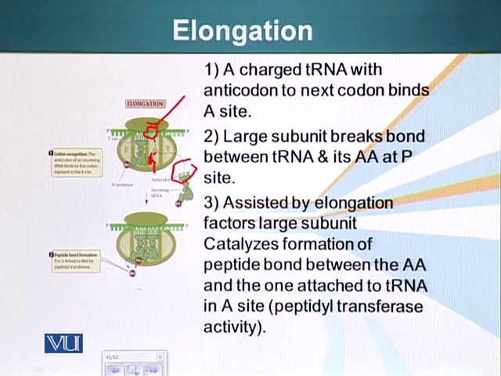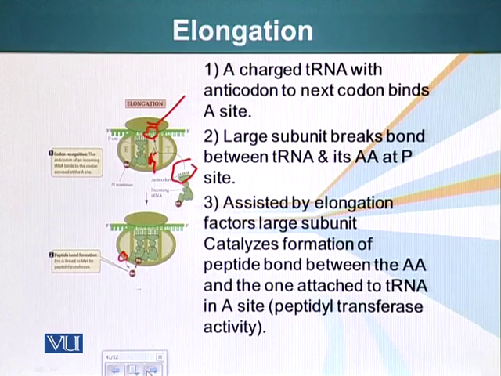Then what is happening here is that the large subunit breaks the high energy bond between the amino acid and the tRNA, which is the carboxy terminal of this amino acid bound to the 3' hydroxyl of the 3' carbon.